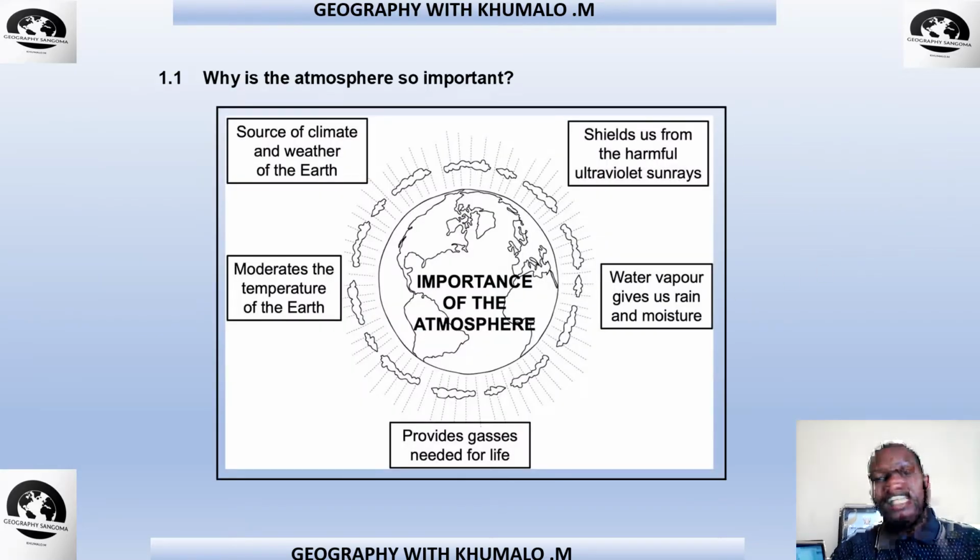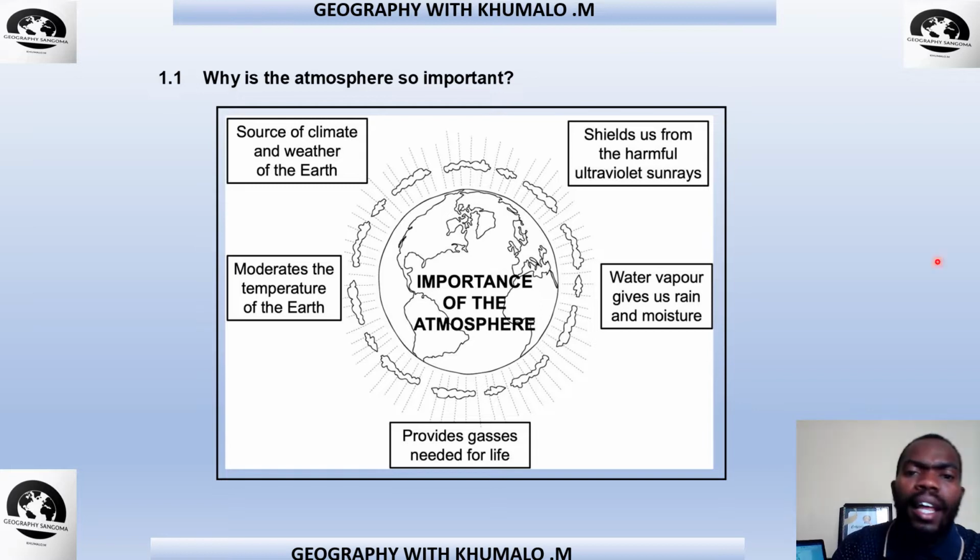Now, on the structure of the atmosphere, the first thing that you do is ask: why is the atmosphere important? That is a question you should ask yourself as you are preparing for your examination that you're going to write Tuesday or any other day around Gauteng. The importance of the atmosphere is that it is the source of climate and weather for the earth.